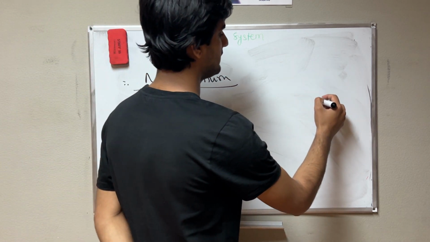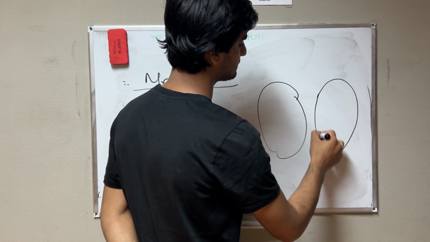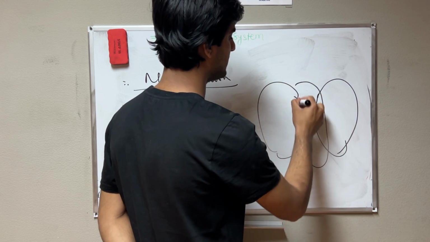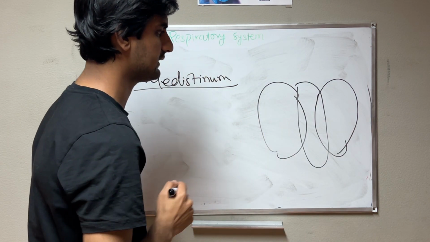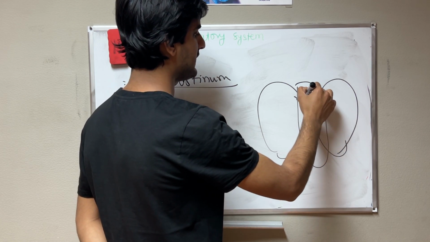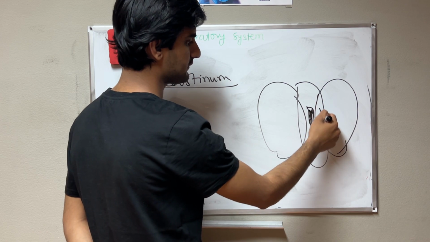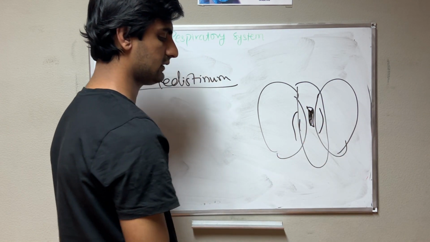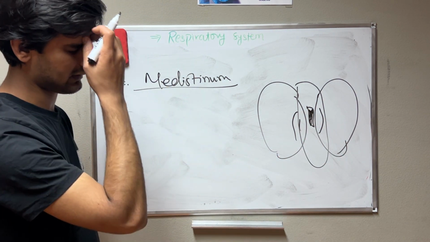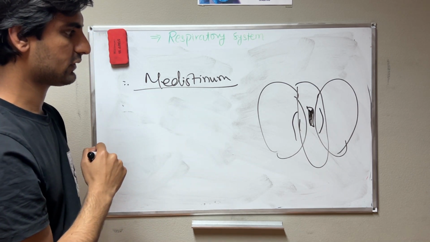This is the two lungs, and this area is the mediastinum. At the front we have the sternum bone, at the back we have the vertebral column, and on the right and left we have the parietal pleura of the lungs, between the lungs. These are the mediastinum.